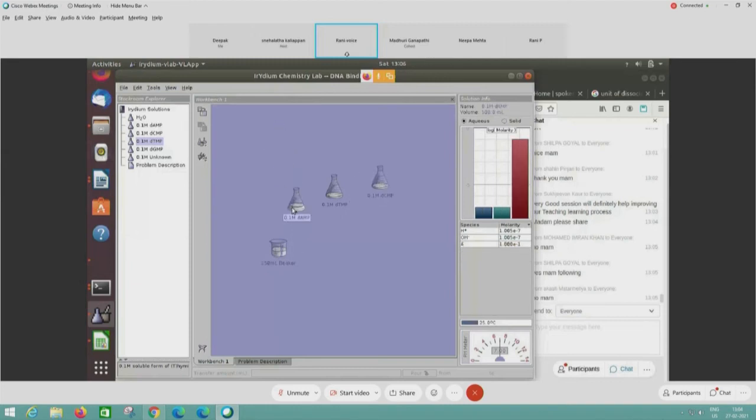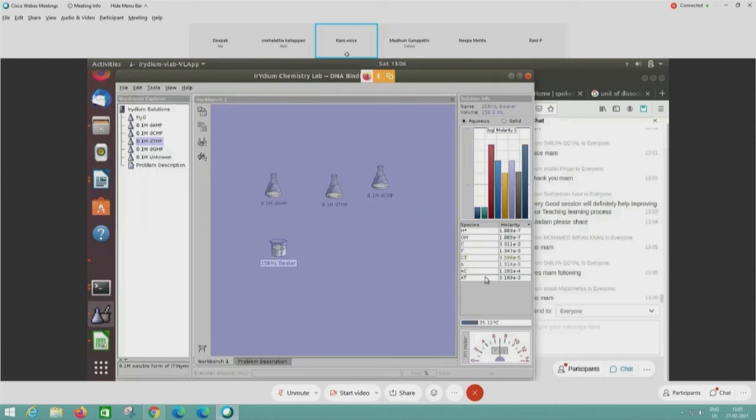VLabs gives it to us, and we will add some A base and see what happens to this equilibrium, how we can shift the equilibrium, what are the species that will be formed in the solution, and so on. So let's see what are the species that can be seen at this point.